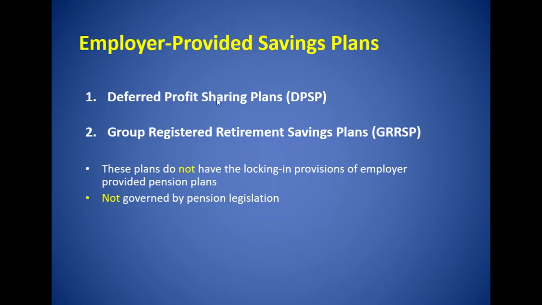Now, just a couple of points on these employer-provided savings plans. A lot of these do not have the locking in provisions that you usually have in registered pension plans. You may recall that any assets accumulating in a registered pension plan for an individual employee can't really be accessed until they are eligible for a retirement income when they retire.